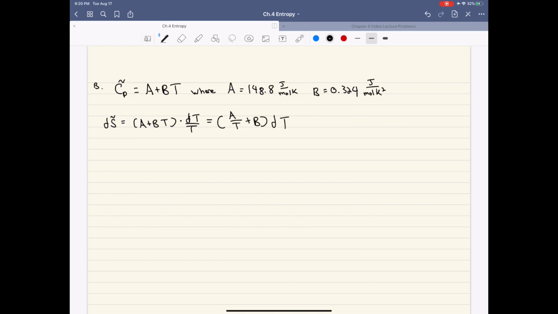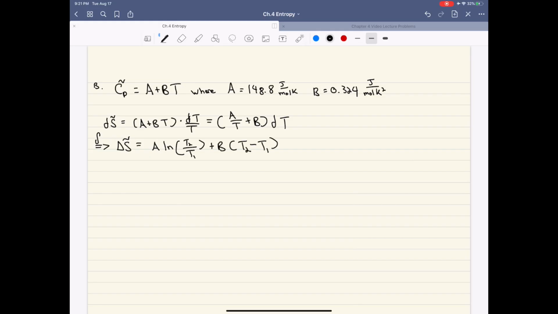And then now, this is still a separable equation, so we can integrate. We get delta S is equal to A natural log of T2 over T1 plus B times T2 minus T1.